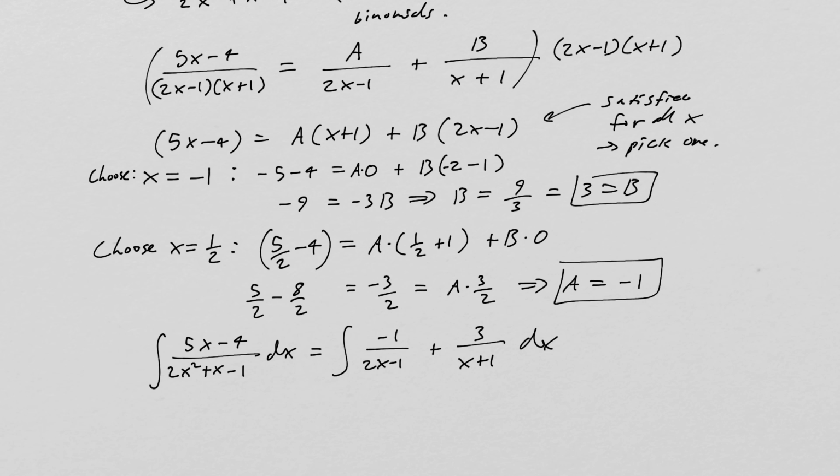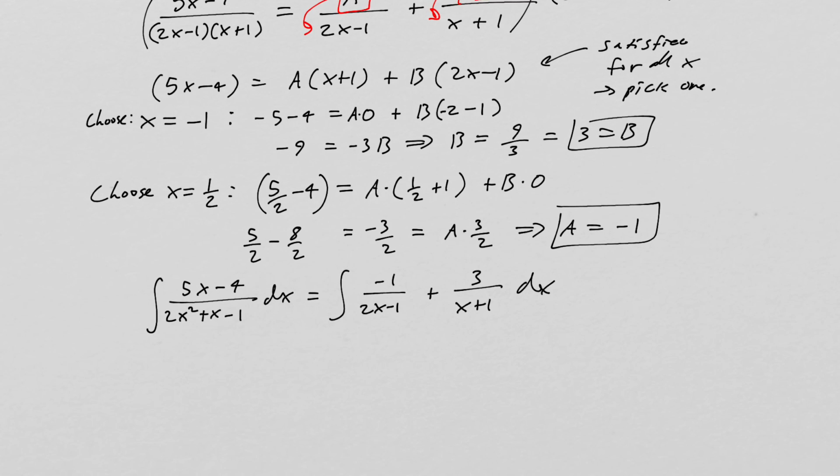It's important to remember which constant was associated with which denominator in order to apply them correctly at the end. Otherwise, of course, you won't get the right answer. However you choose it to begin with, you have to remember that in the end.